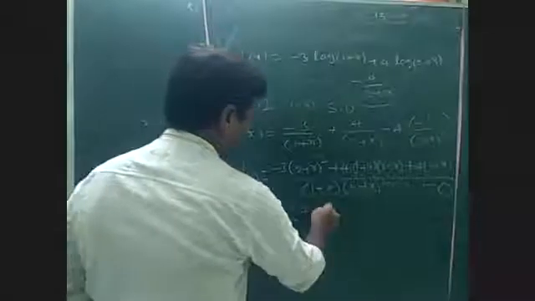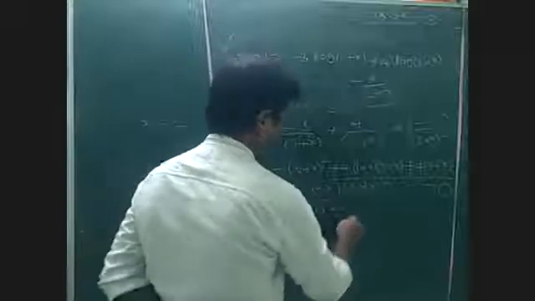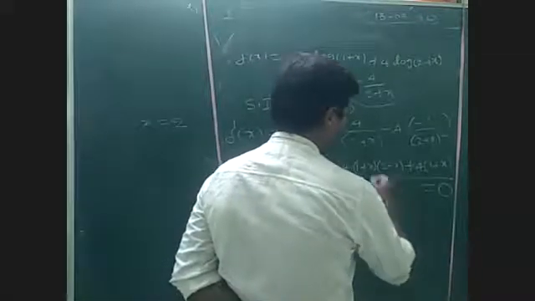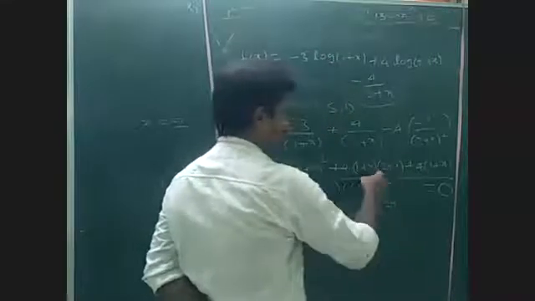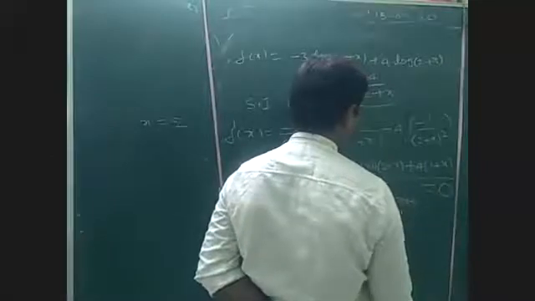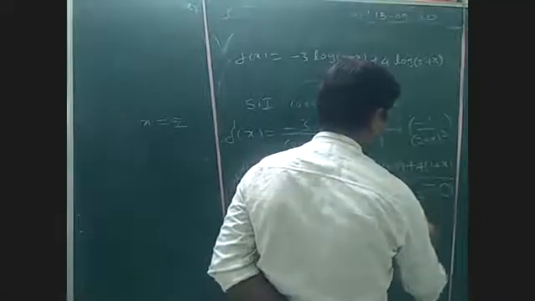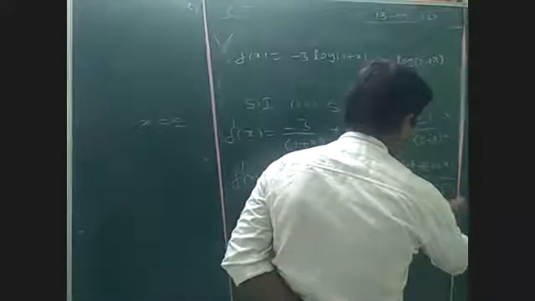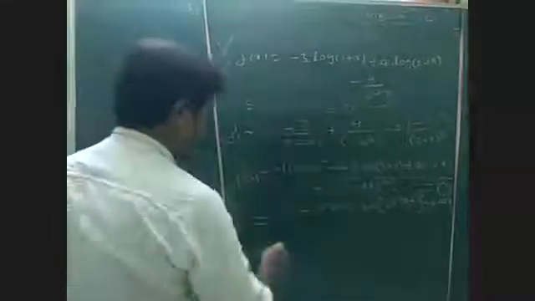4 plus x square plus 4x, and here plus 4 into 2 plus 2x plus x, 3x plus x square, plus 4 plus 4x, as it is you can write.